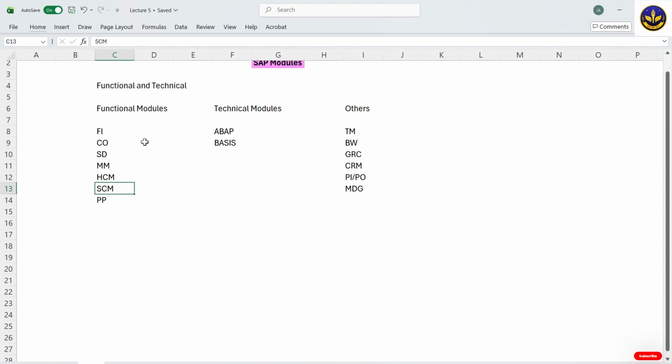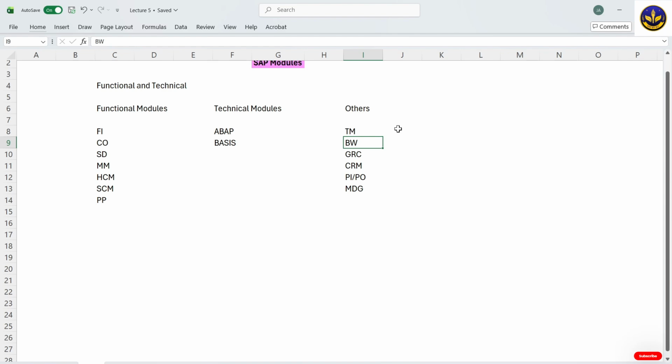Now next we have technical modules. These are ABAP and Basis. We will discuss these two modules in detail later. And these are some of the other modules, like transport management, which is used to transport changes from one system to another. We have business warehouse, which holds the data.